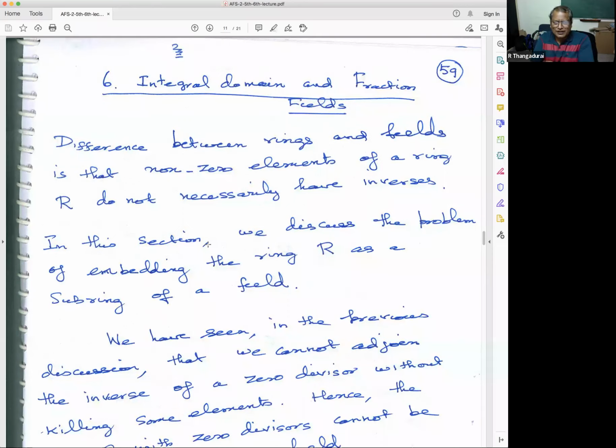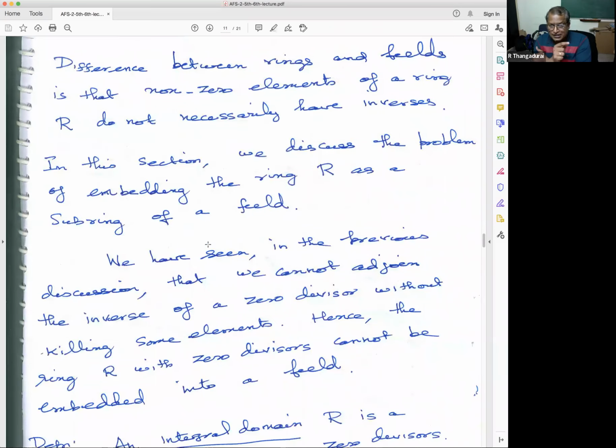So this section is talking about integral domains and fraction fields. The difference between rings and fields is that non-zero elements of a ring R do not necessarily have inverses. In this section, we discuss the problem of embedding R as a subring of a field.